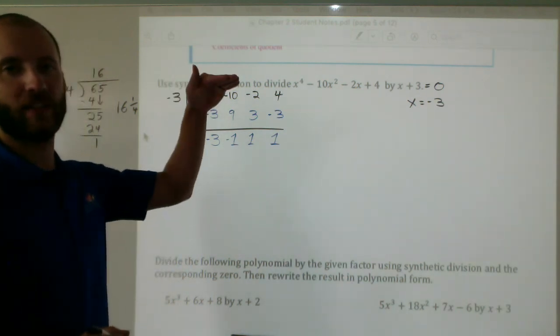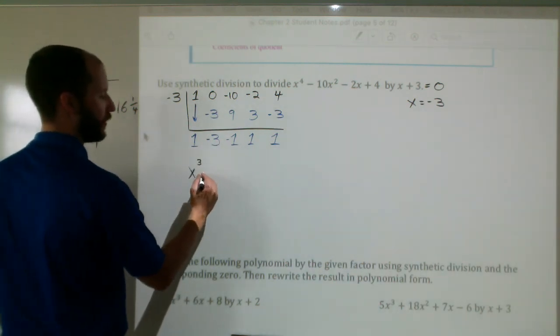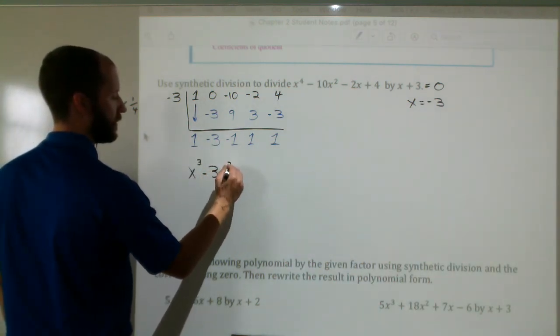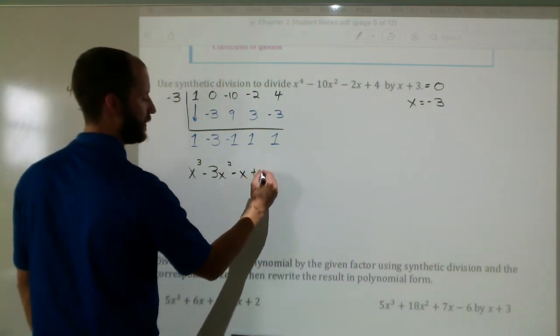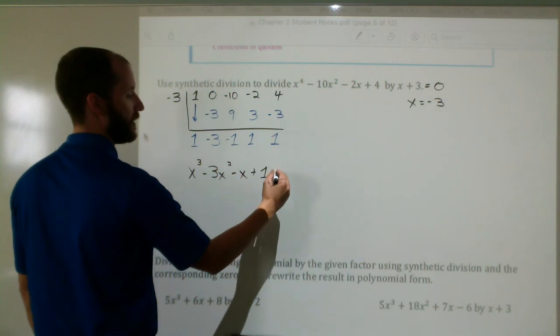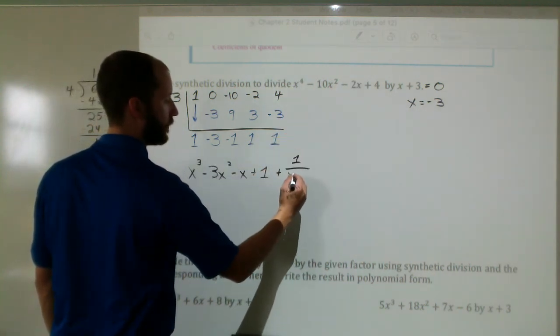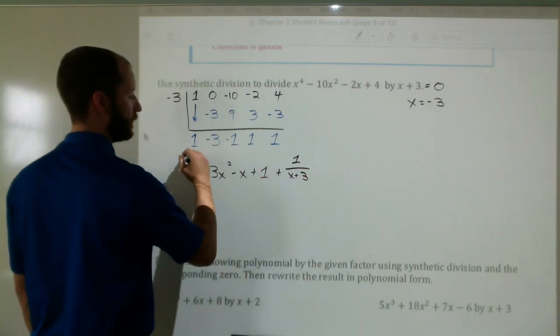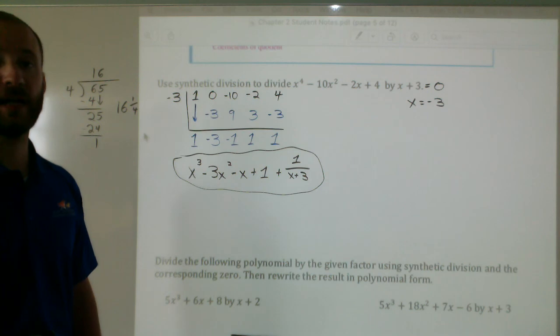If you have a quartic and you divide by a linear, you get a cubic. So this negative 3 is for x squared. This negative 1 is for x. This 1 is the constant. And we have our remainder. So we have our remainder over what we divided by.